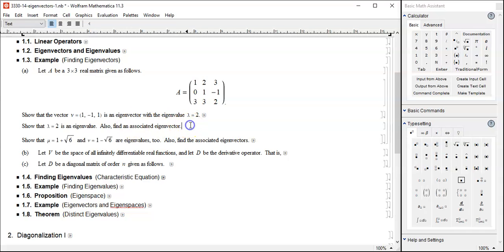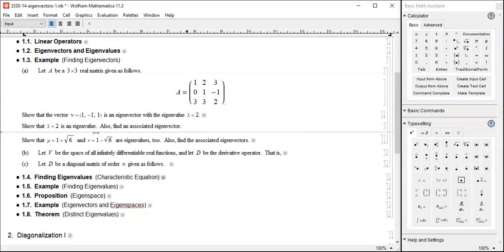Okay, all right. So let me change the first problem into this. Instead of giving you (1, -1, 1), I gave you only lambda equals 2. And I'm asking you to find the eigenvector, and it should turn out to be (1, -1, 1) if you do it right.